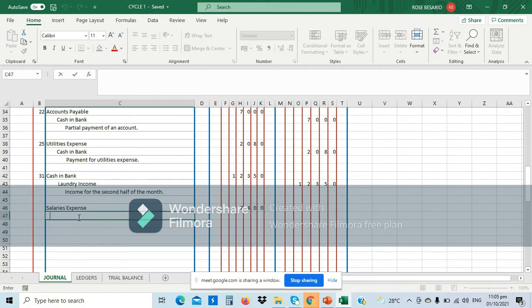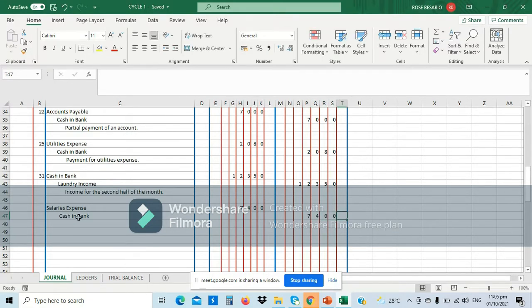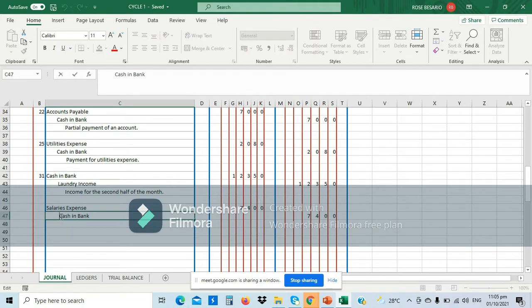Then we credit cash in bank for 7,400. Then the explanation could be payment for salaries. Payment for salaries expense.